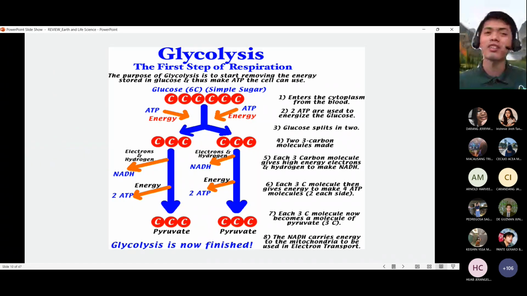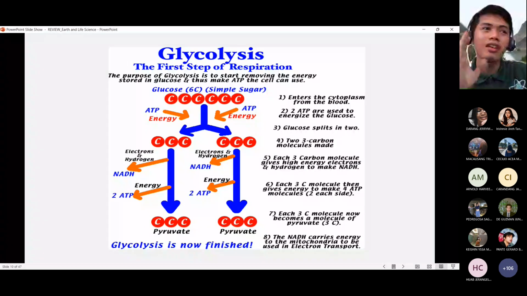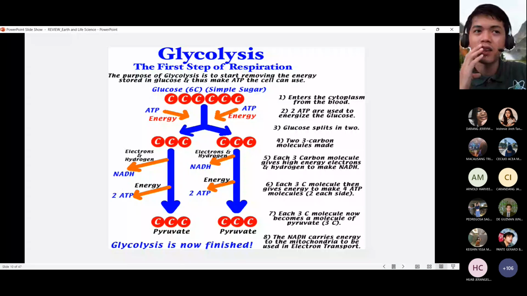Now, in glycolysis, take note that we know that there is one molecule of glucose for every 36 or 38 ATP that we can produce.